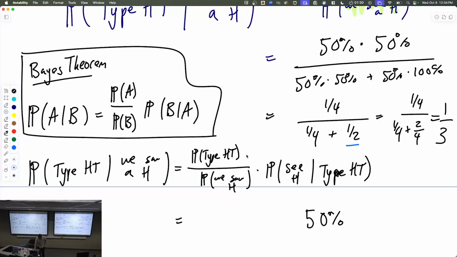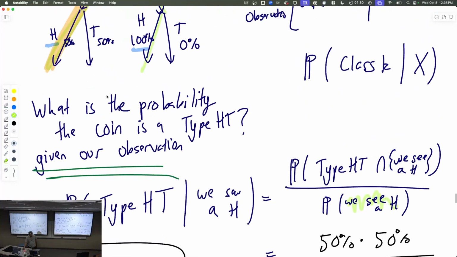The probability of type heads-tails is 50% because there are 2 coins in the bag, and one of them is the type heads-tails. And then last but not least, we have to do the probability we saw the heads. This is actually quite annoying because you have to sum up, again, over the 2 paths. So the hardest part of this whole kit and caboodle is this bottom bit, that we saw a heads. And that one is, again, the green paths.